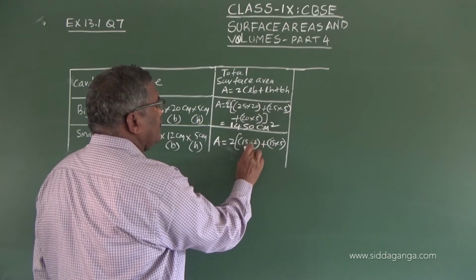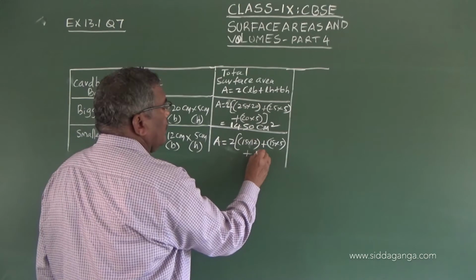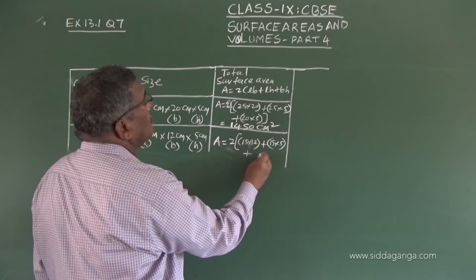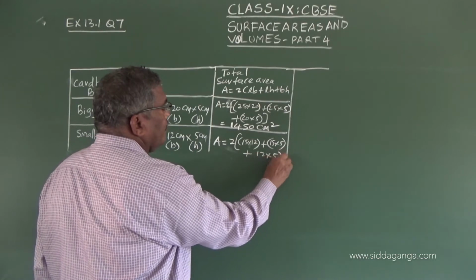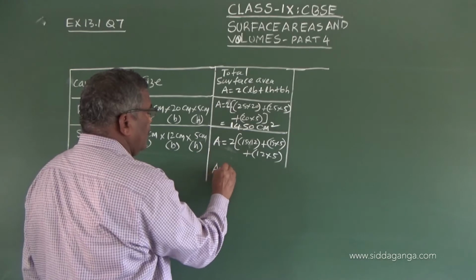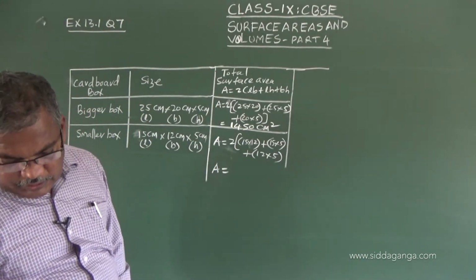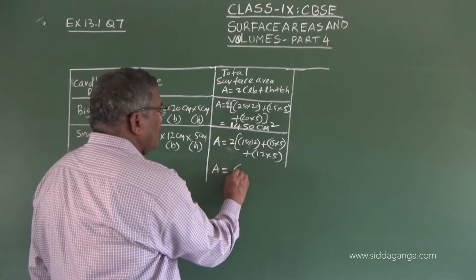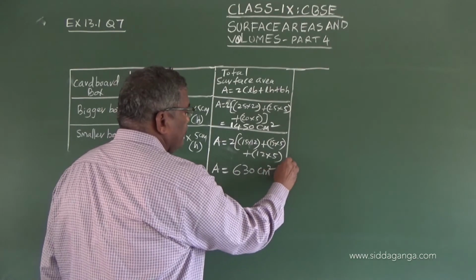So you will work this out to be 2 times of that, area equals 630 centimeter square.